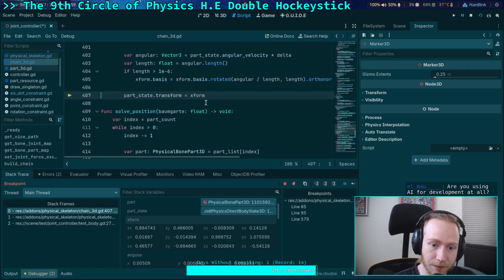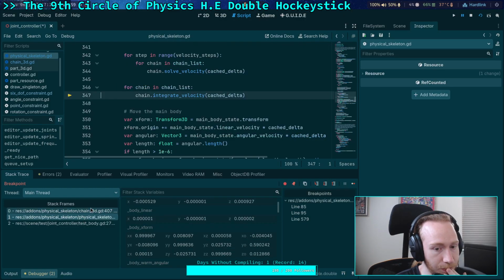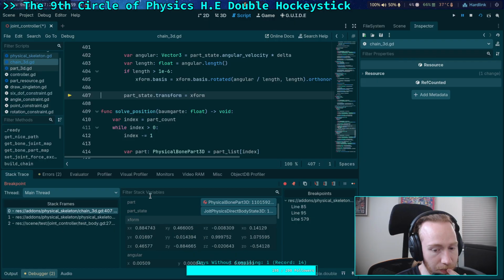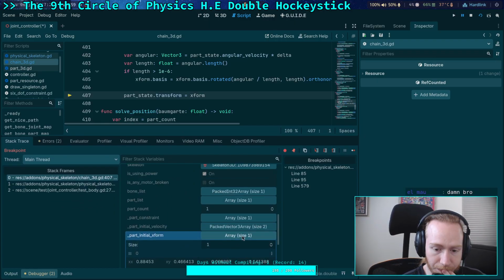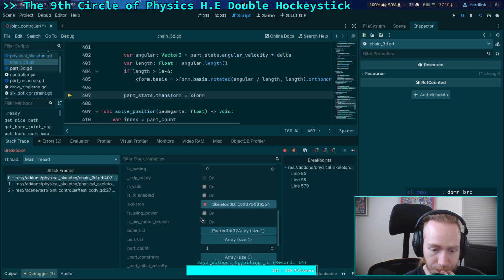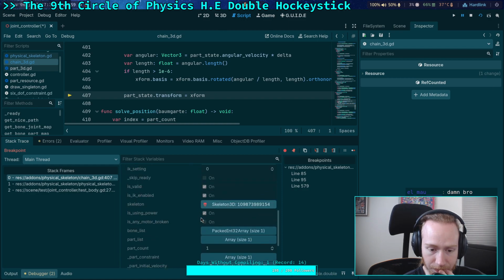And then where are we at? Need to go find the chain. It's right. I'm looking straight at it. No, I need the constraint.